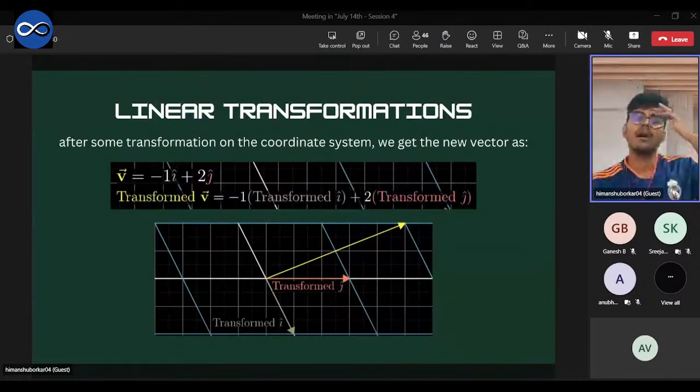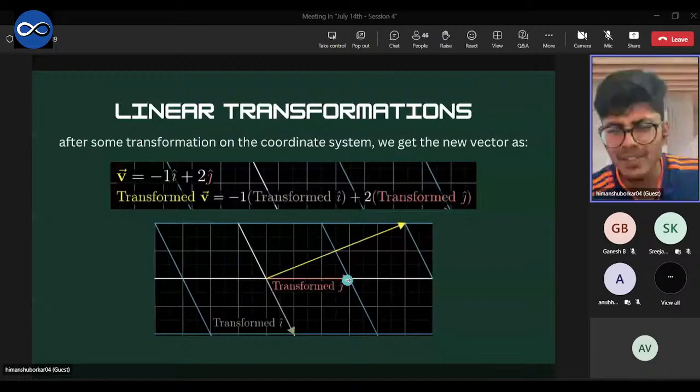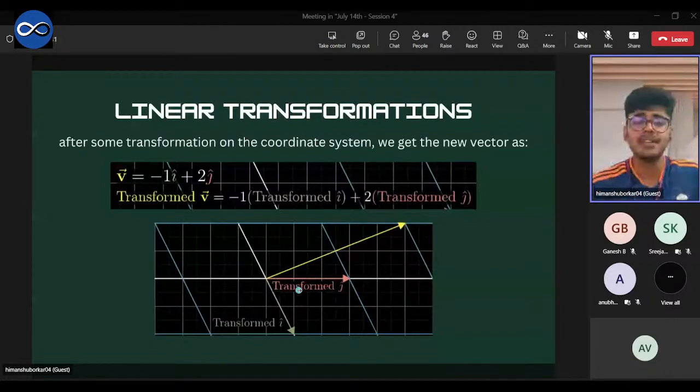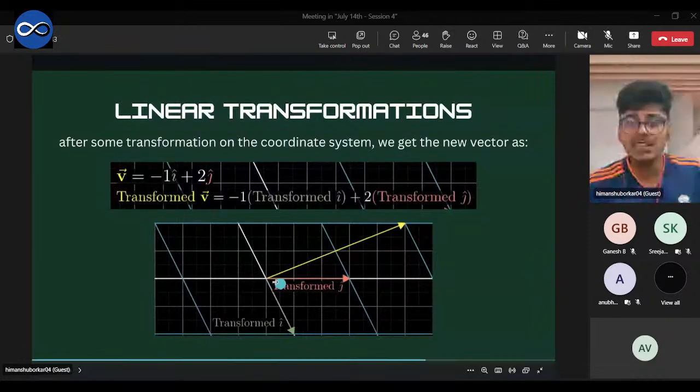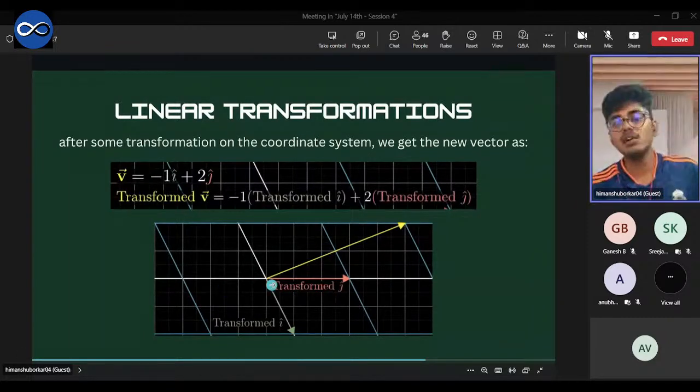Now, how do I calculate this? If I imagine myself in this new coordinate system where this is the transformed j cap, and this is the transformed i cap, then this is the given vector. So this will be a linear combination of transformed i cap and transformed j cap, right? This will be the same for any coordinate system.